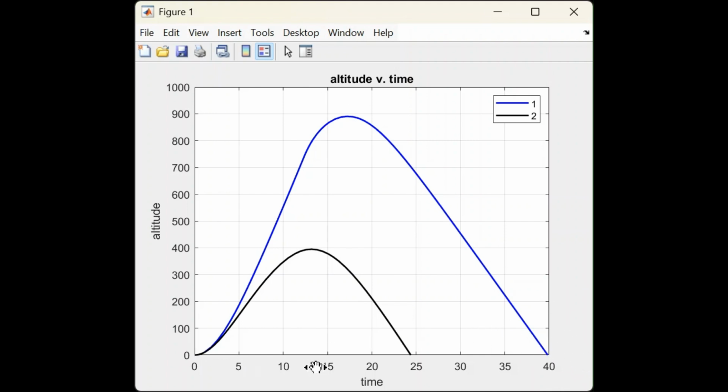The total flight time to where it hits back to zero for the second strategy is around 25 seconds-ish. I'm getting 24 seconds. And for the first strategy it's 40 seconds. Also, just because it goes way higher, it takes longer to descend.